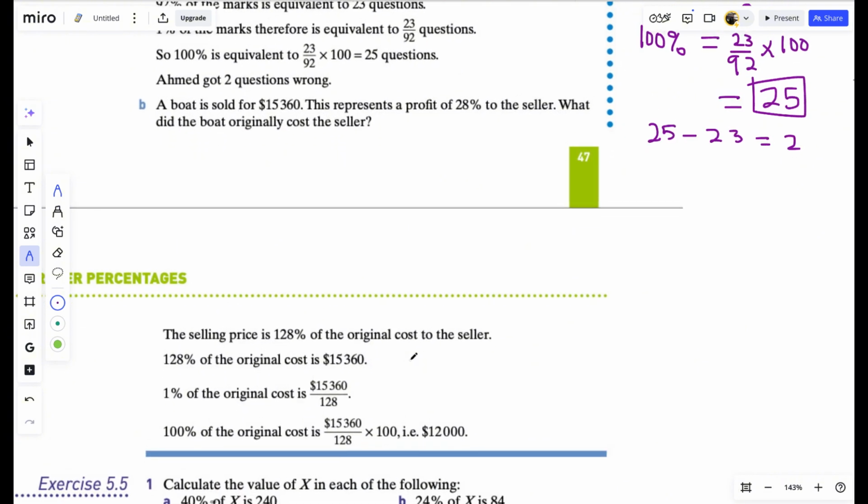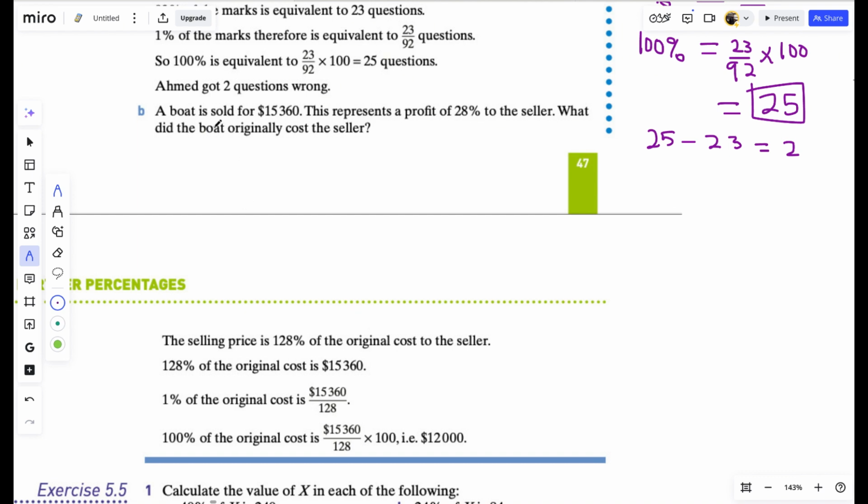Right? So a boat is sold for this amount, $50,360, and it represents 28% profit. So you have to add this 28. To get the original price, you have to relate this profit percentage to the original price, because the original percentage, which is the 100%, was the cost price, or the cost price without the markup profit.